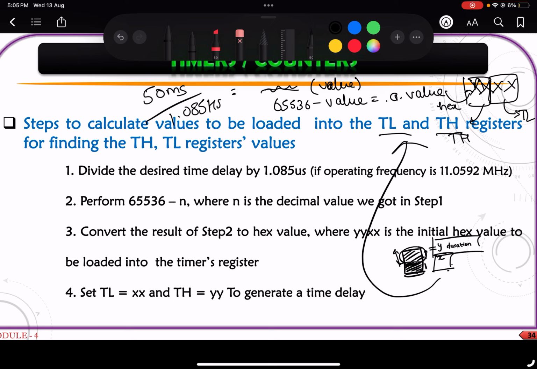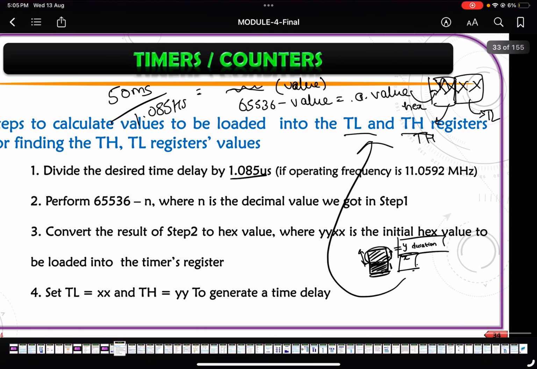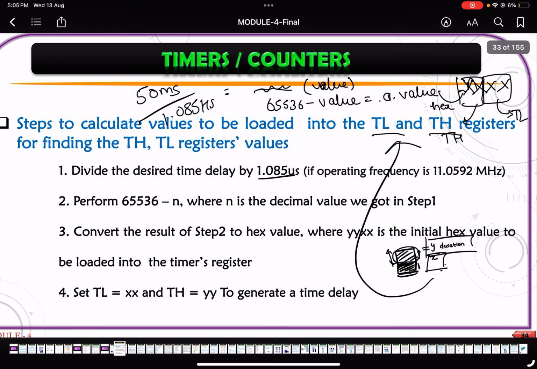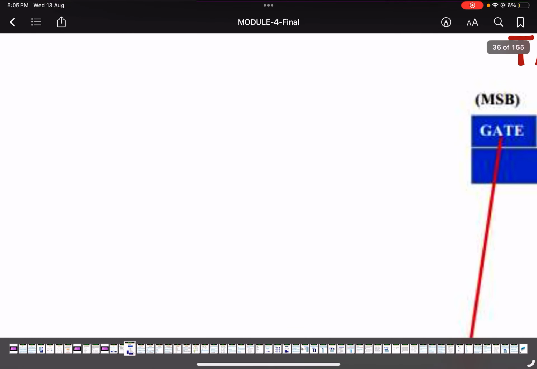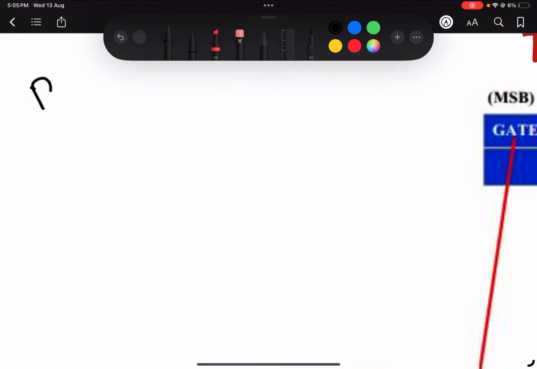Here comes the interesting concept of machine cycles. Imagine that for you to function, your heart has to beat one time for you to perform any task.